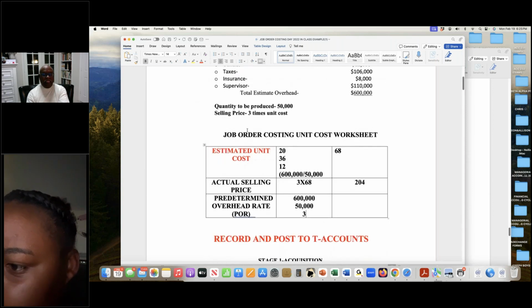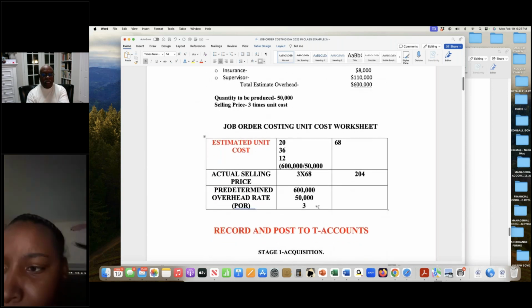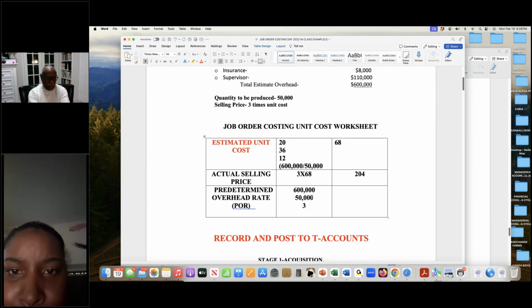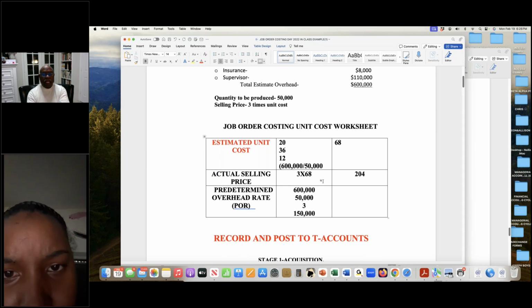So if it takes us 3 hours to make a book, and we've got 50,000 to make, it's probably going to take us what? 150,000 hours to make these books.